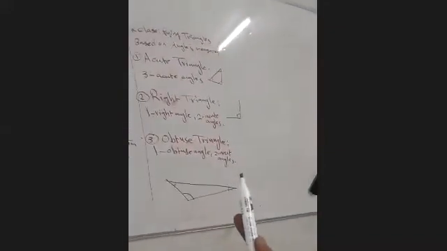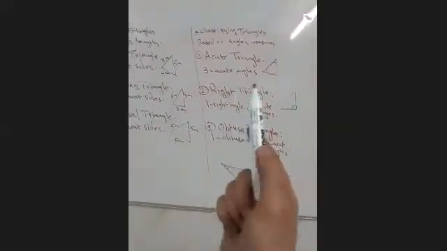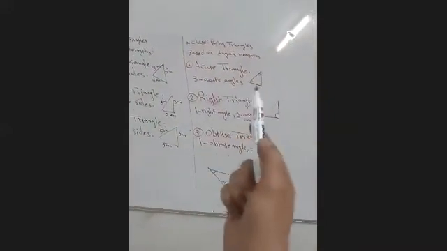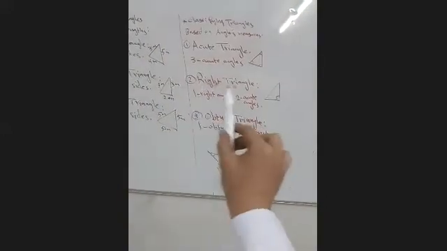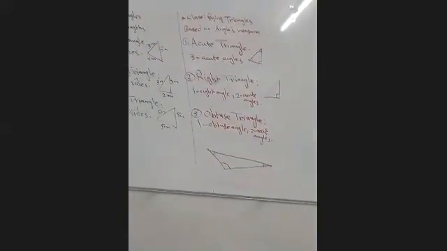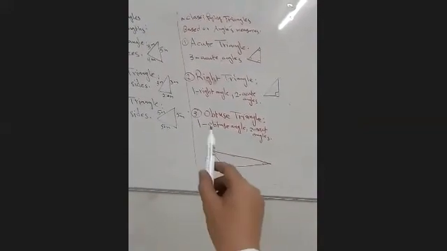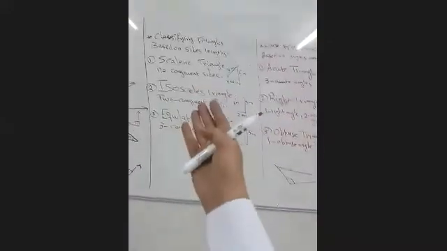For the names of angle measures, if we have three acute angles, we call it an acute triangle. If we have one right angle, we call it a right triangle. If we have one obtuse angle, we call it an obtuse triangle. But which one will we use? This one or this one, depending on the question.